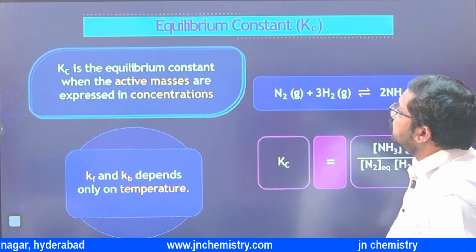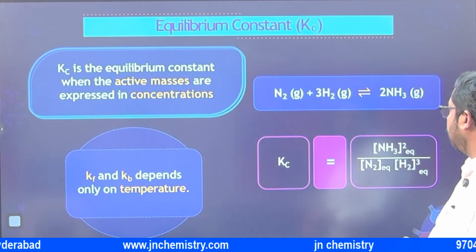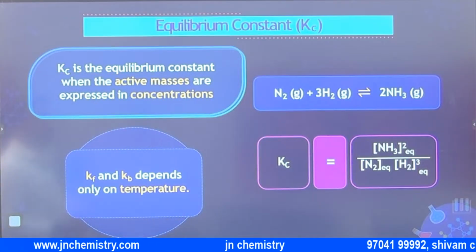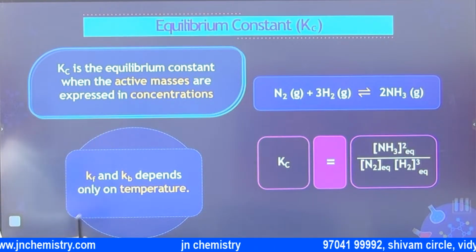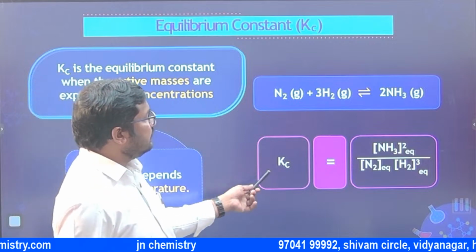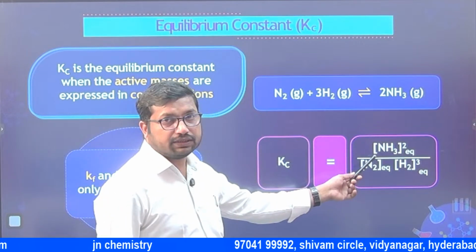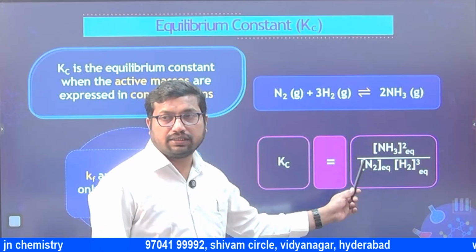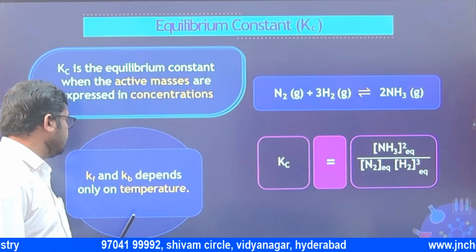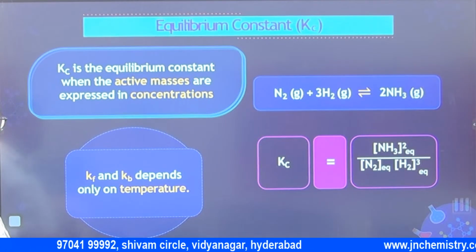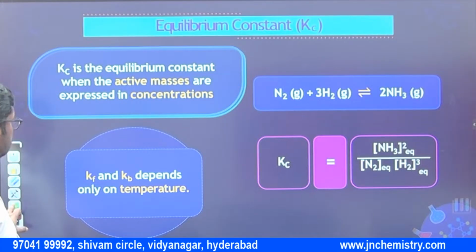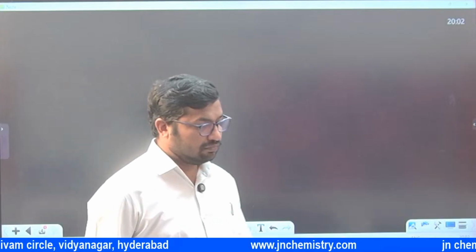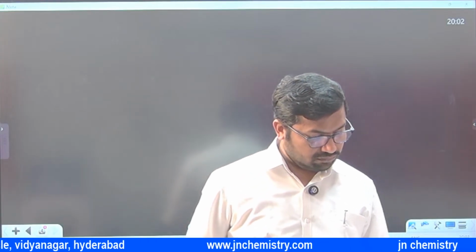So the equilibrium constant Kc is the equilibrium constant when active masses are expressed in concentration. Kc is equal to the concentration of products by the concentration of reactants.